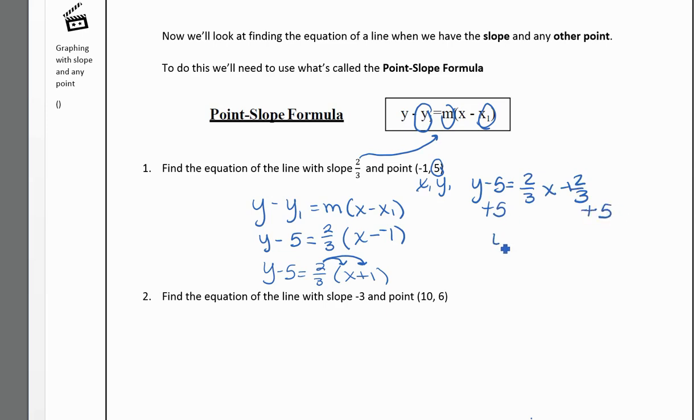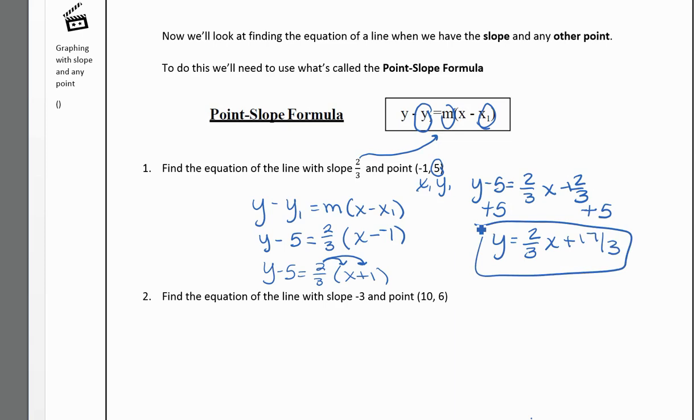So that will give me y equals 2/3 x, and then 2/3 plus 5, which you could do on your calculator or by hand, gives us 17/3. That would be the equation of our line in slope-intercept form.